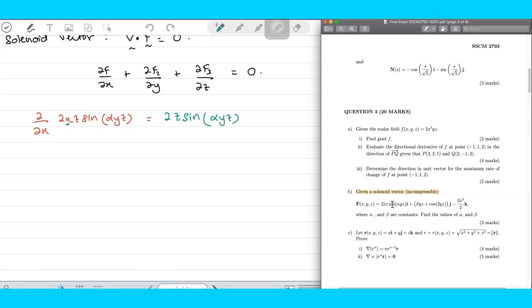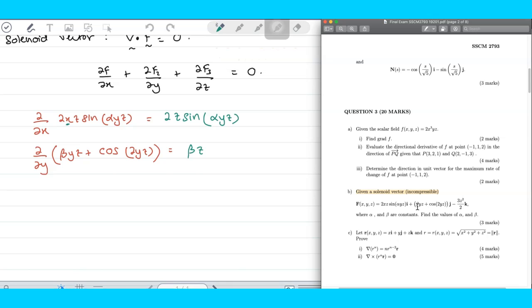Then we go to the second part, del y of f2. Your f2 here is beta yz plus cos of 2yz. When you differentiate with respect to y, you have two terms. The first term gives beta z.